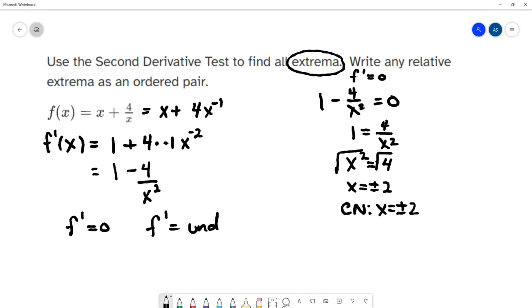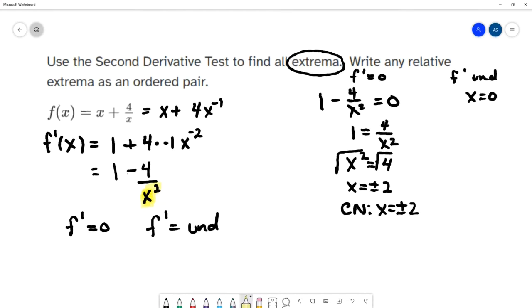Then I want to think about where the derivative is undefined. And the derivative is going to be undefined at 0 because if I plug a 0 in for the x, I would be dividing by 0, and dividing by 0 is undefined. So at first glance, it seems like 0 might be a critical number because of this.